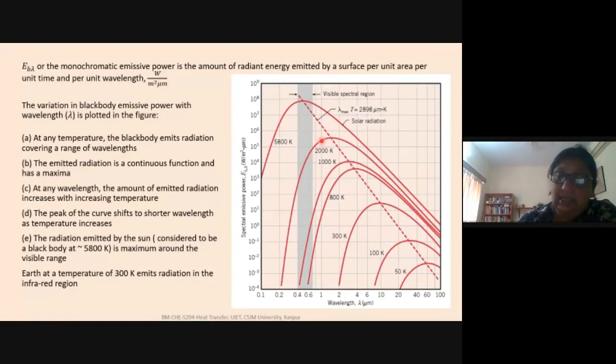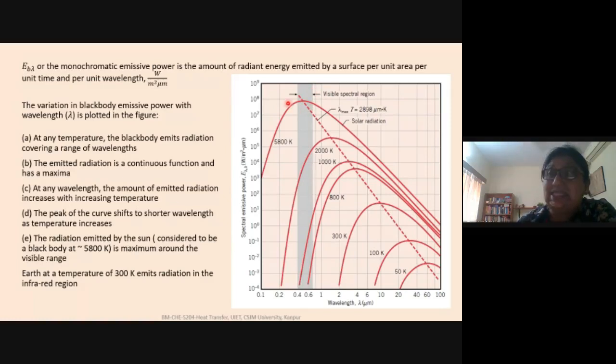And as the temperature increases, the peaks of the curve also shift to shorter wavelengths. So if I draw a line through all the peaks, you will see that there's a decreasing value. The radiation emitted by the sun, considered to be a black body at 5800 Kelvin, given by this particular line, is maximum around the maxima of this wavelength, and at this temperature the light falls in the visible range.